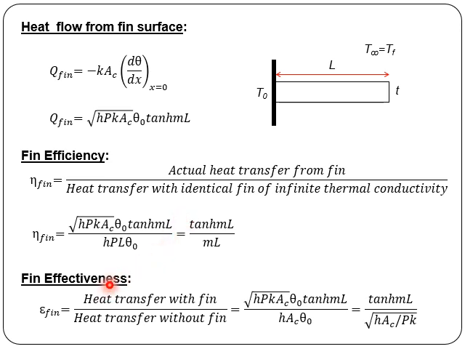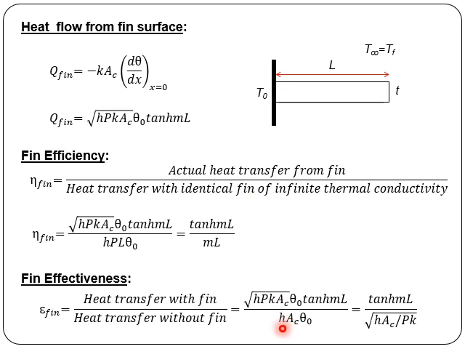There is another term which is important as far as fins are concerned, and that is fin effectiveness. Fin effectiveness is given as heat transfer with fin divided by heat transfer without fin. If you don't have any fin provided over the surface, then the only area which is available for heat exchange is the base area of the fin.